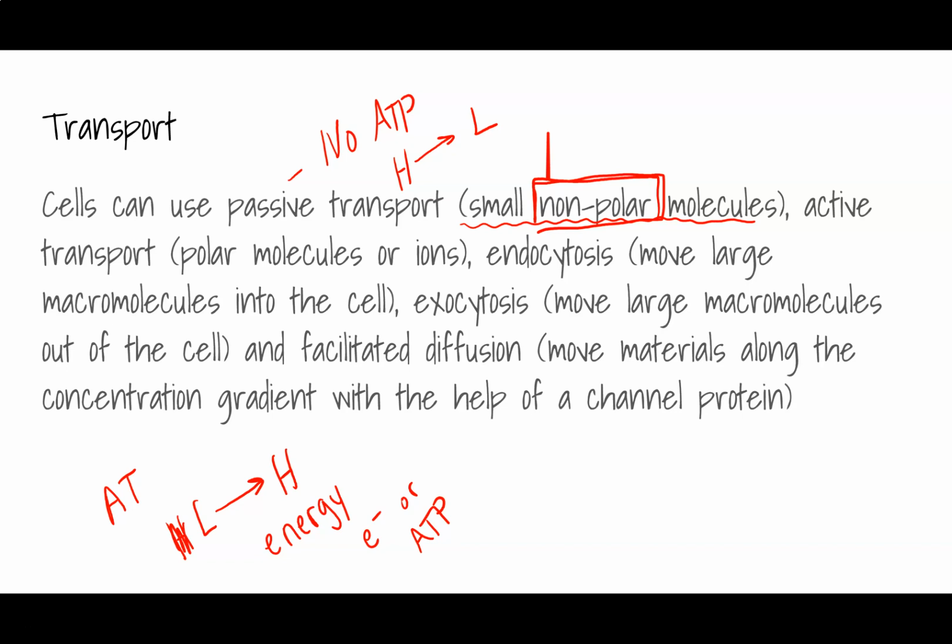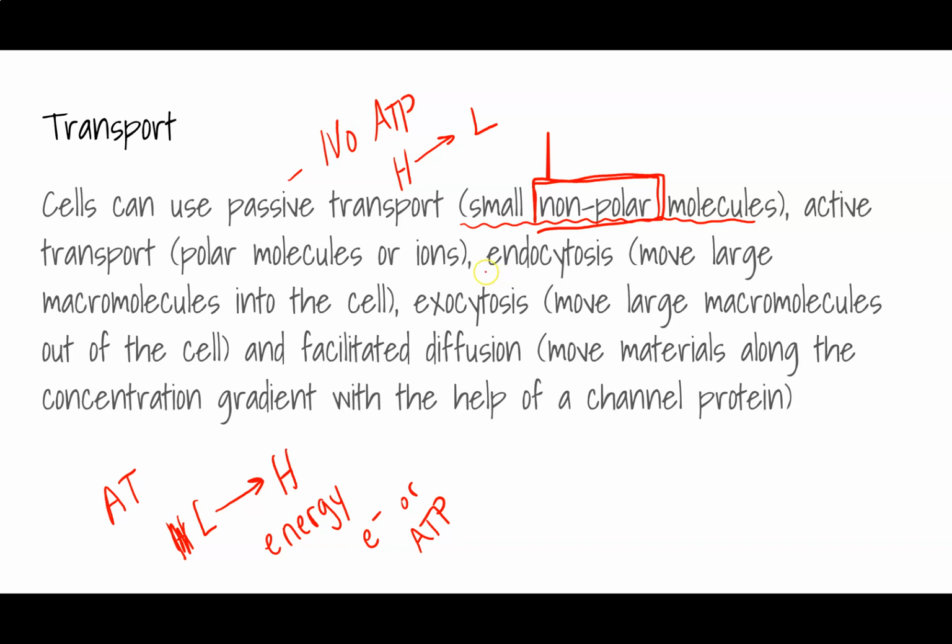This is going to be polar molecules and or ions that need to go against the concentration gradient. We'll see larger molecules as well, so things that you need to kind of get across with some help. Now, facilitated diffusion is going to come up in a second. That's, again, moving polar materials, but that's going with the concentration gradient, but let's just hang out with that.